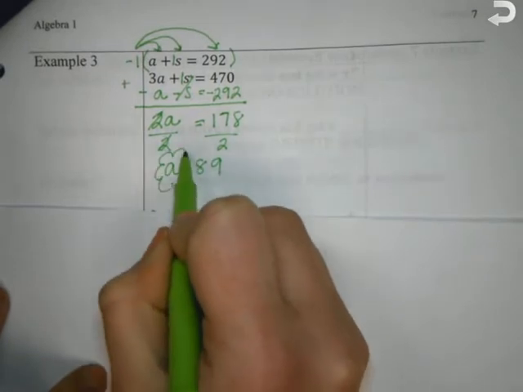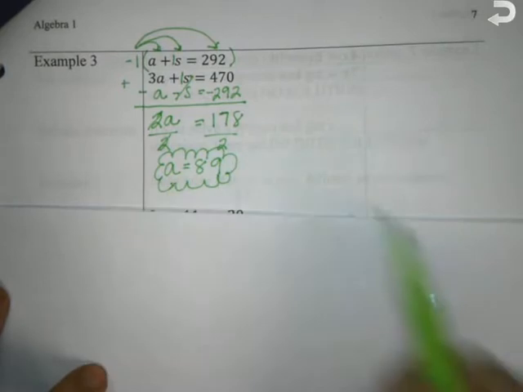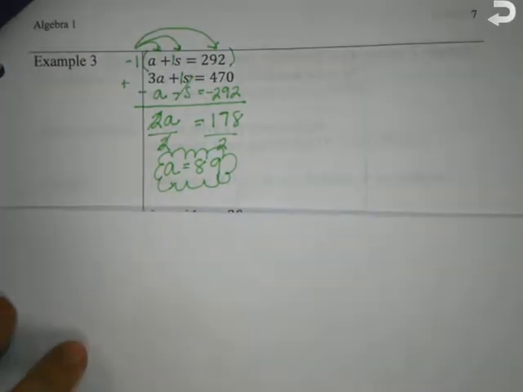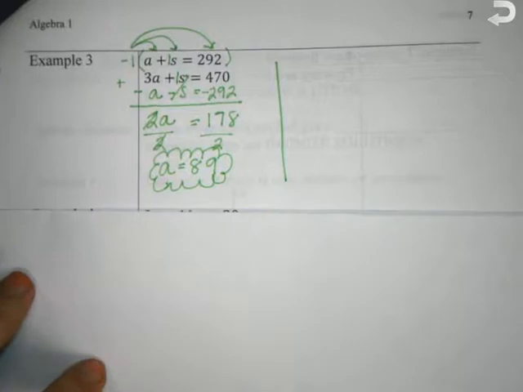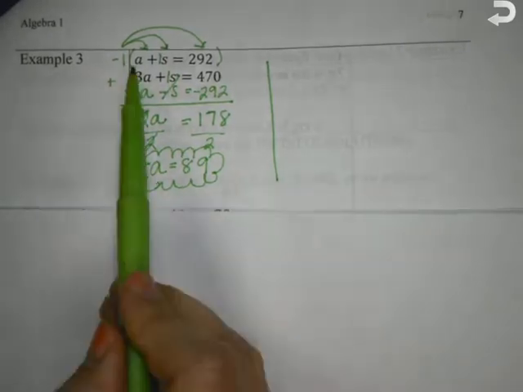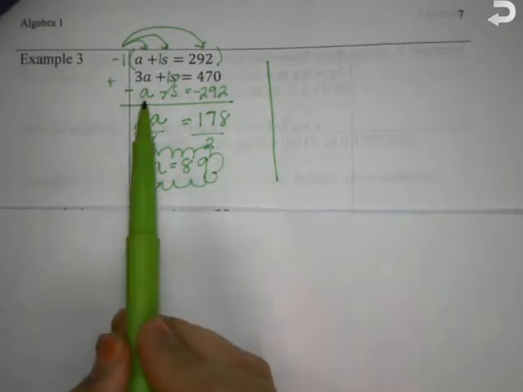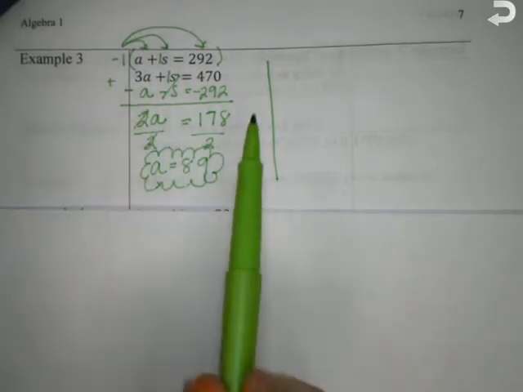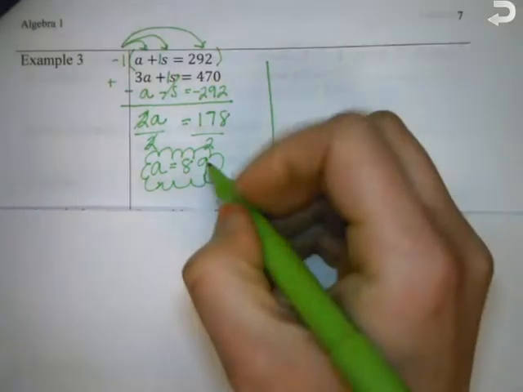Am I done? No, I need to plug it back in to solve for s. Which one do you want to plug them back into? First one. Okay, we can plug it into this one, this one, or we could even plug it into the negative one. It doesn't matter. I'm going to go to the original first one. So that's going to be 89 plus s equals 292.